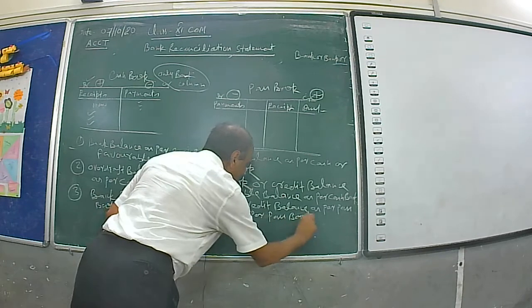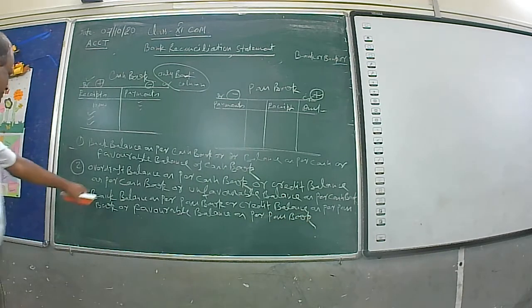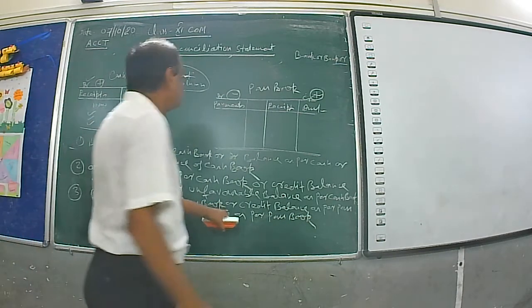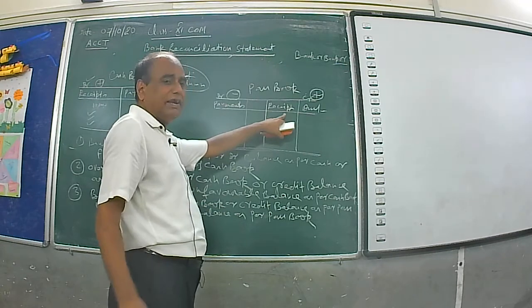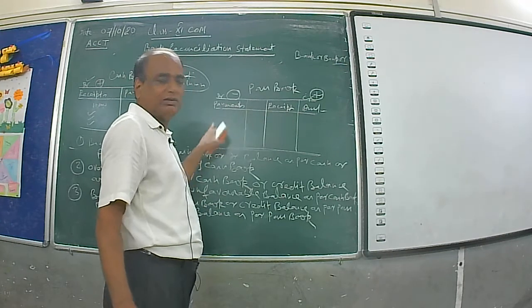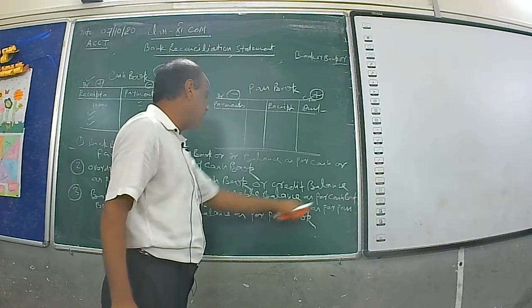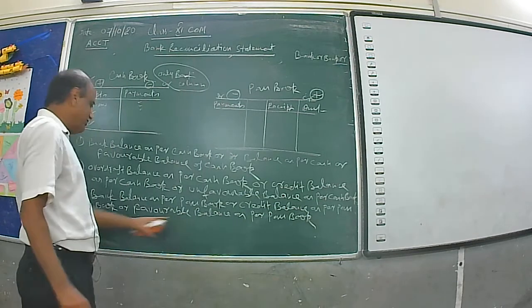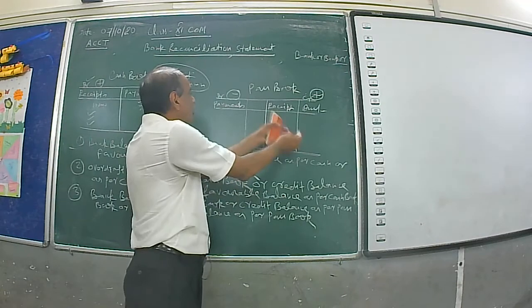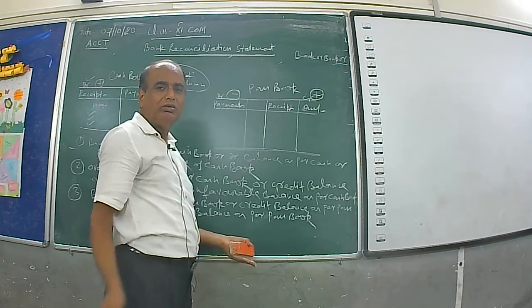See number three, bank balance as per passbook means receipt side is greater than payment, means credit side is greater than debit side. That is also called credit balance as per passbook. Or favorable, when receipts are more than payment, that is favorable.